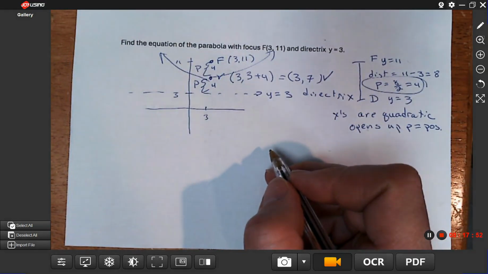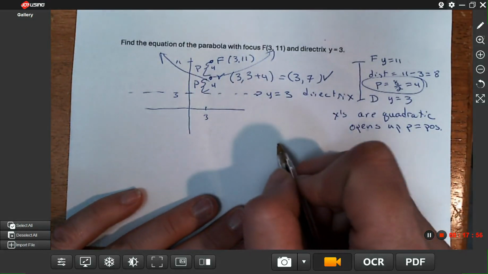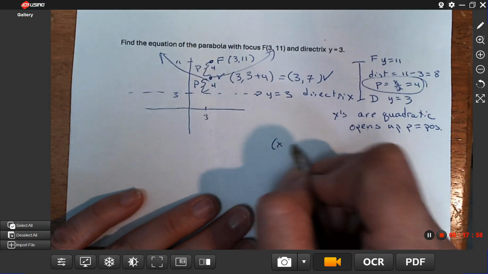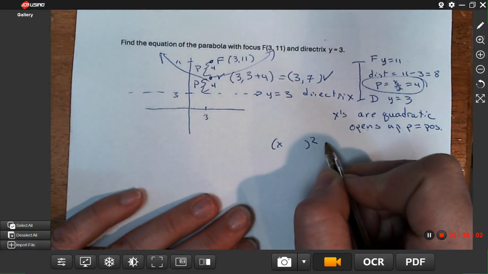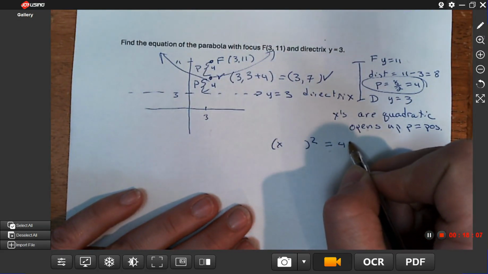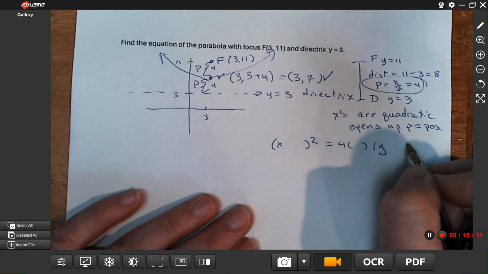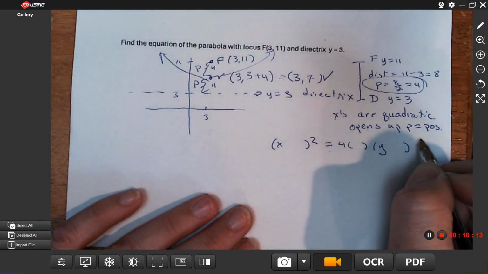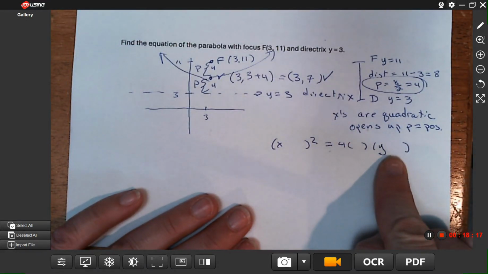So now I'm ready to write my equation. So what does my equation look like? So the x's are going to be quadratic. I'm filling in the stuff that I know, and then I'm going to have 4 times p, which I'll leave open, times y, and then the y value is not going to be squared.